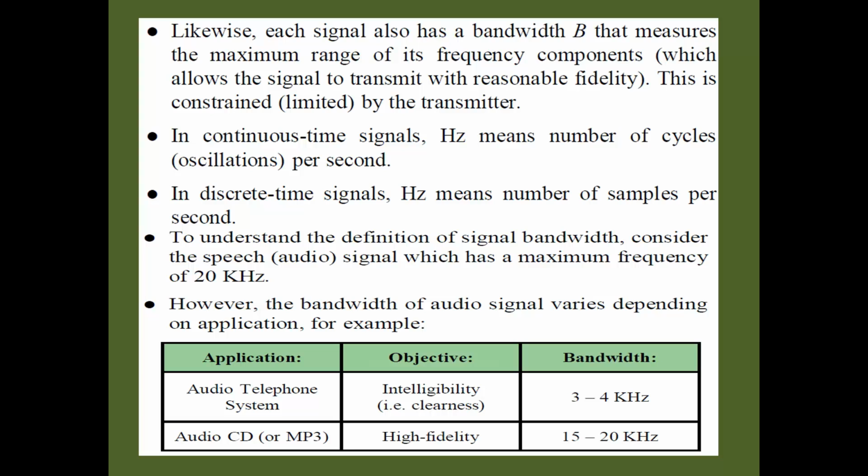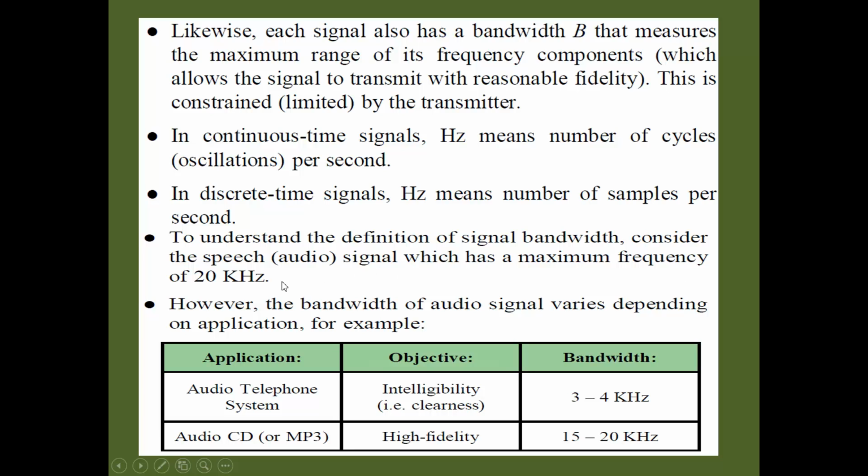Now in continuous time signals, hertz means number of cycles per second. That's a very basic concept. In discrete time signals, hertz means number of samples per second, right? Number of samples. To understand the definition of the signal bandwidth, consider the speech signal.